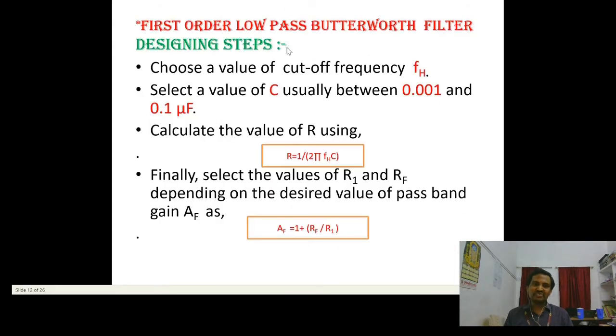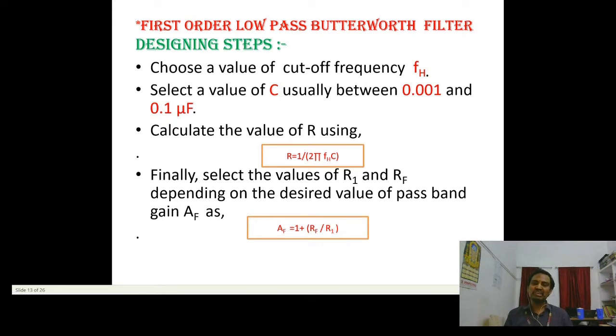The designing steps for this are, first of all, we need to choose the higher cutoff frequency FH. That is the first step in order to design the low pass filter. The second step is the C value. In our first RC section, you have an R value and a C value.